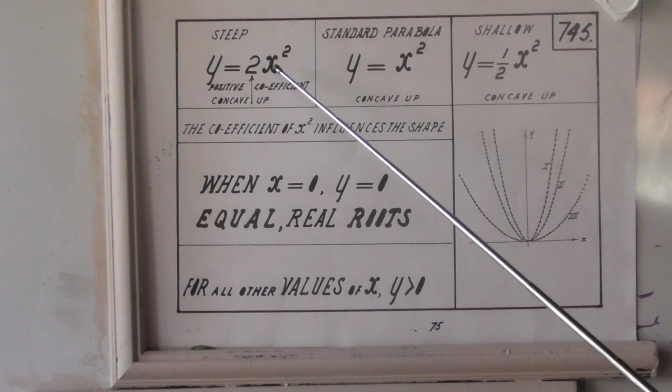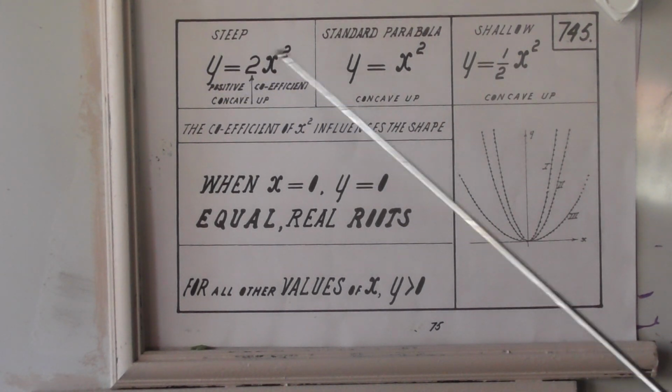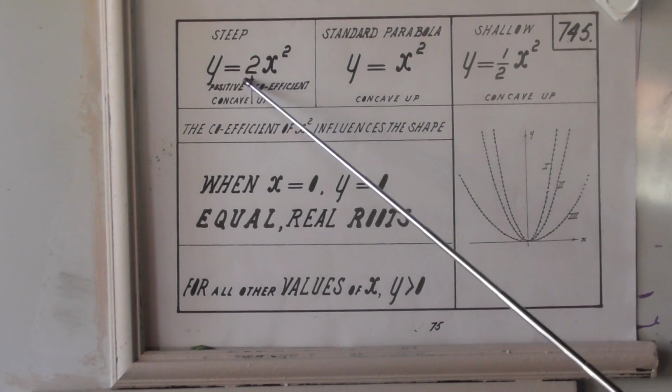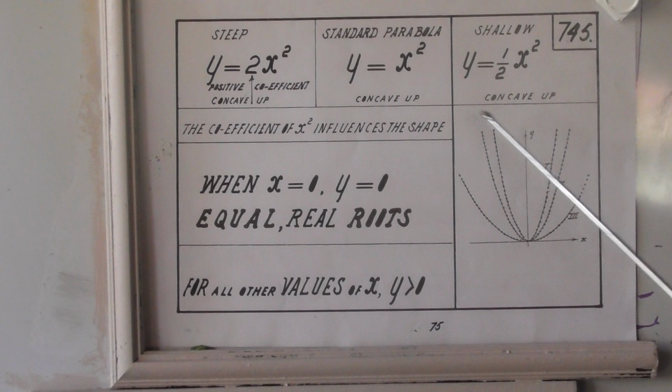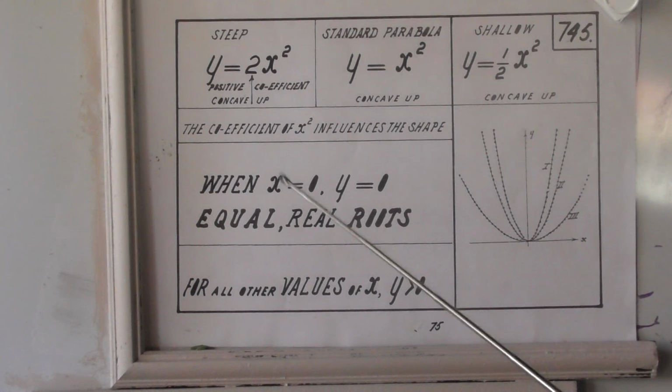So the y grows twice as fast as the x. So that is this one. The bigger this coefficient, the narrower the shape.